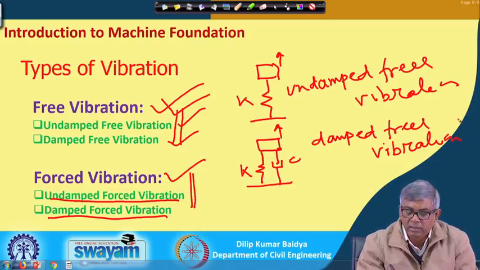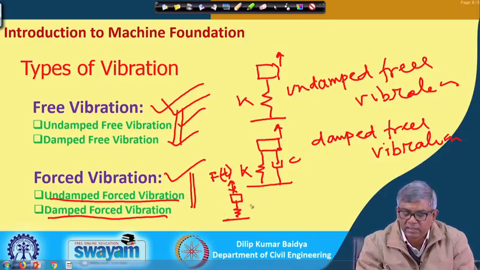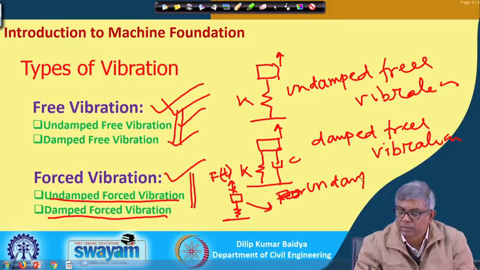Okay. Now I assume another situation where the mass is here, the spring is here, and I am giving a dynamic force F(t) here. Instead of an initial displacement, I am giving a force F(t), and this is actually undamped forced vibration.